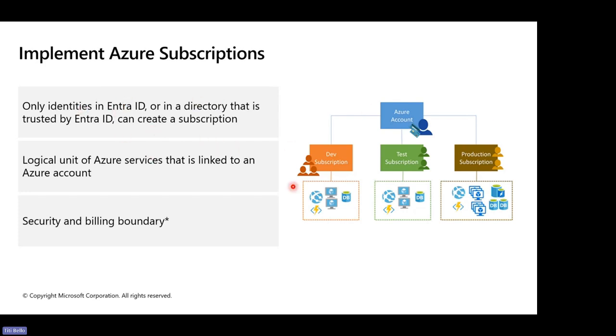Anybody that must subsequently create a subscription must be an account that exists in your directory. If that account does not exist in your directory, it is not going to be able to create a subscription. Now, under your account, you have different subscriptions.